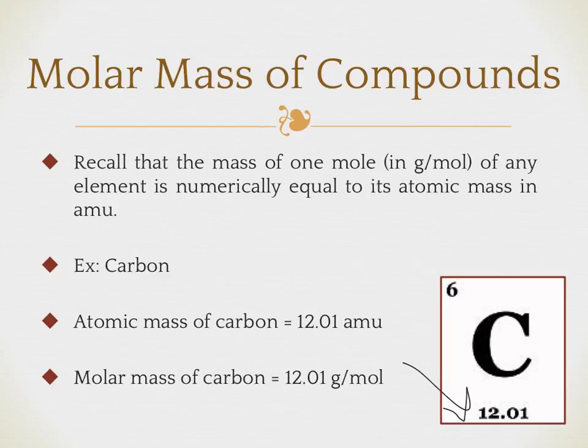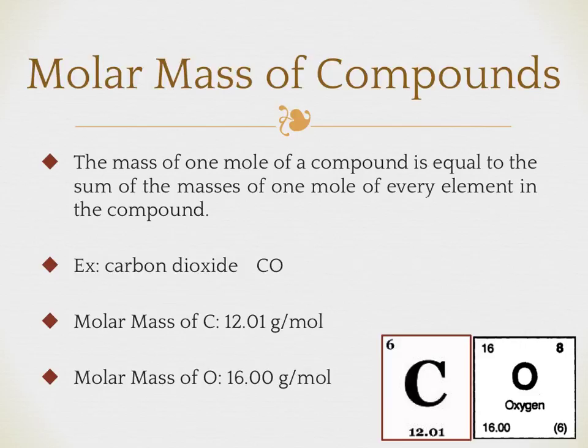The molar mass of carbon then is 12.01 also. So then finding the molar mass of a compound is really similar. You just have to add the components together. So the mass of 1 mole of a compound is equal to the sum of the masses of 1 mole of every element in the compound.